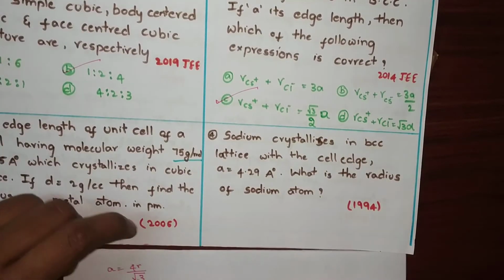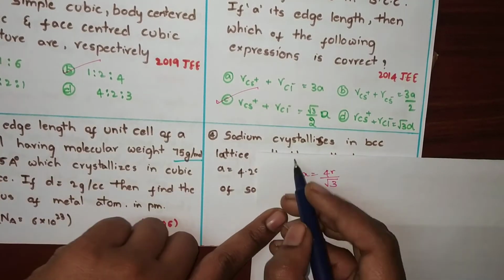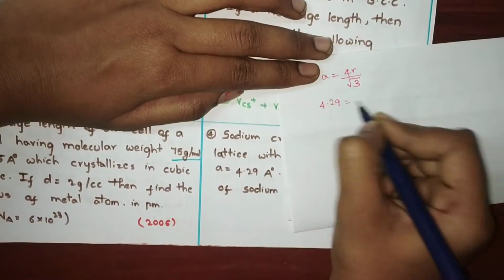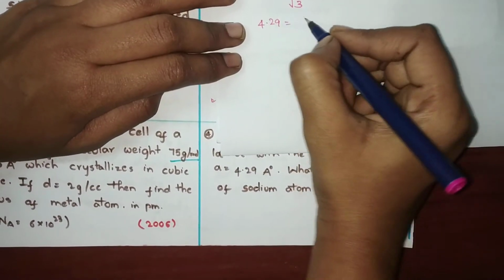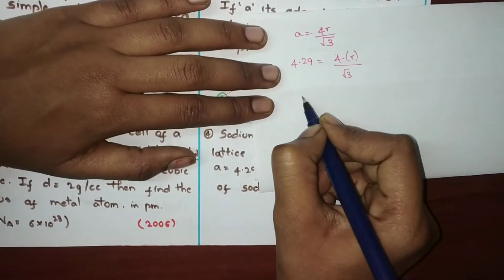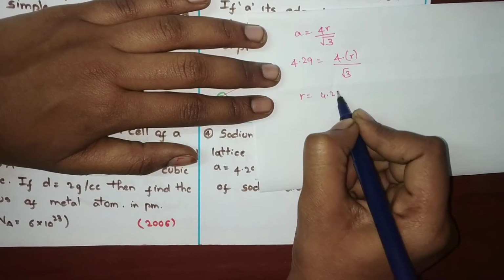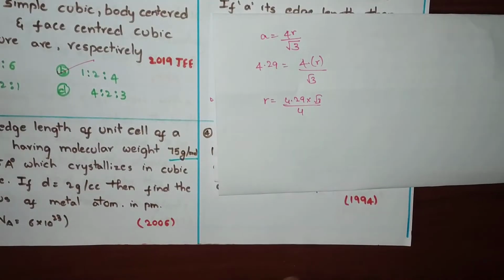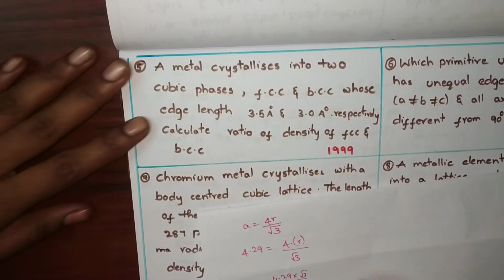Substitute the A value here. There is a chance of repeating the IIT questions in the JEE main. That's why I'm making a video on this. And you will get R value as 4.29 into root 3 upon 4. Calculation, not that much matter. It's your exam, you have to do it.